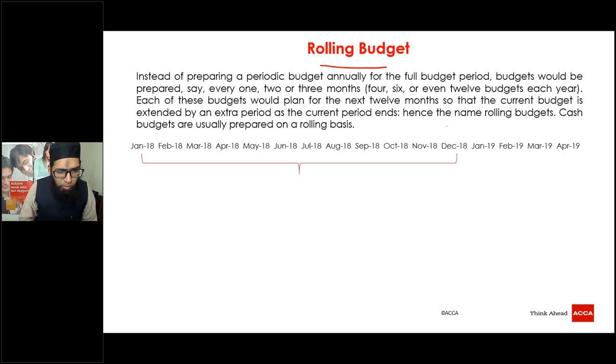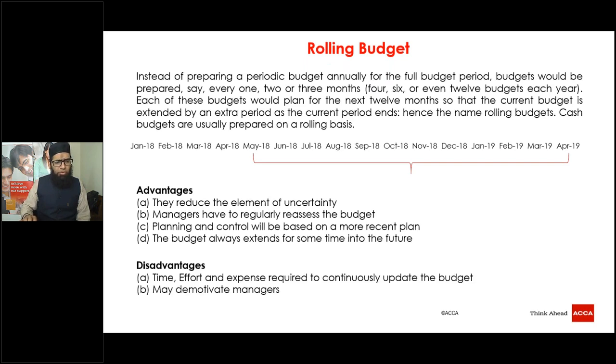There is one more question from Abid Shah. Sir, for rolling budget, as per period ends for the next period, will we prepare the budget from the start or from previous budget data? Dear, to be honest, we do not prepare it from the start because it will be a very hectic, very difficult task.